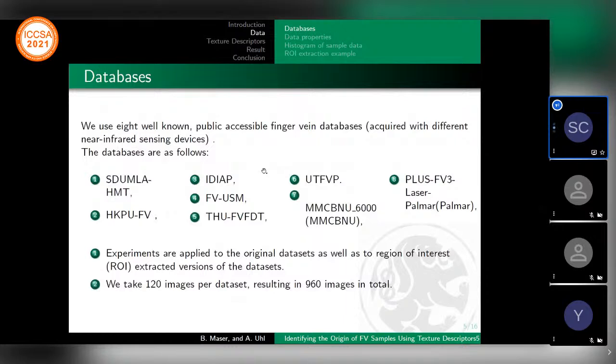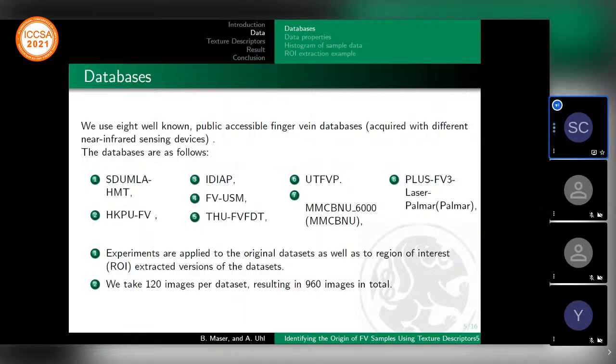In this work, we use 8 well-known publicly accessible finger vein databases. They are all acquired with different sensing devices. We can see the 8 databases here. In our experiments, we apply them to the original datasets, but also to datasets consisting of regions of interest extracted from the original data.